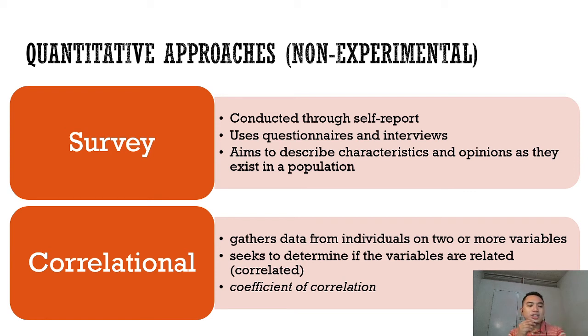So, correlational research design basically gathers data from individuals on two or more variables. Okay? It also seeks to determine if the variables are related, correlated, as we call it. So, correlation means the extent to which the two variables vary directly or inversely in their relationship.